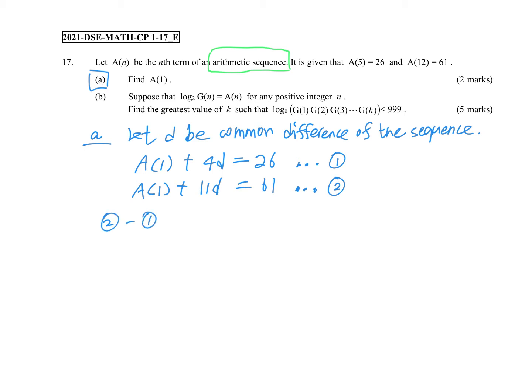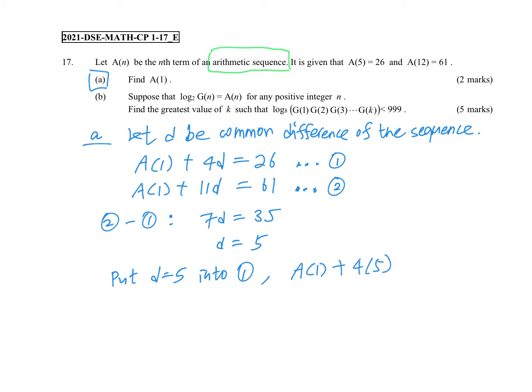Equation 2 minus equation 1, so we got 7d equals 35, and then d equals 5. Then put d equals 5 into one of the equations. I would choose equation 1. So a1 plus 4 times 5 equals 26. So that's why a1 equals 6. And then part A is done.